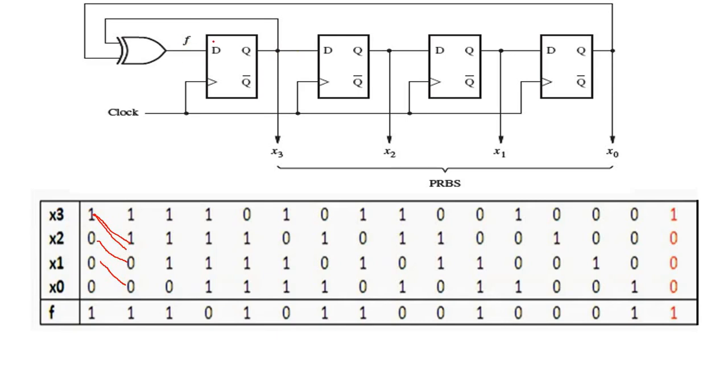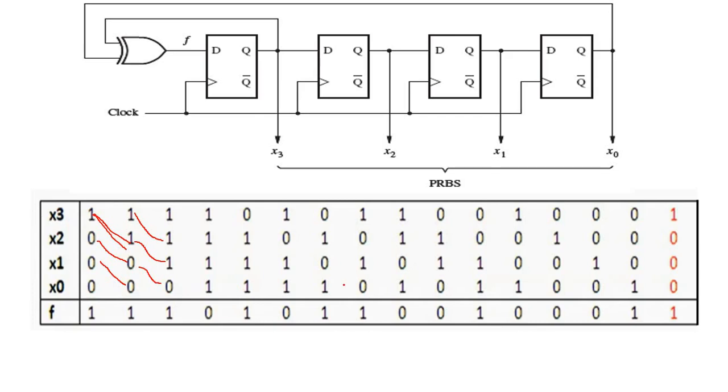The F is 1. So F is applied to the flip-flop. That means here 1. And after this one, we can shift the sequence like that. And here shift the sequence. And here shift the sequence. 1 XOR 0 is nothing but 1. So in this way we can shift the data.